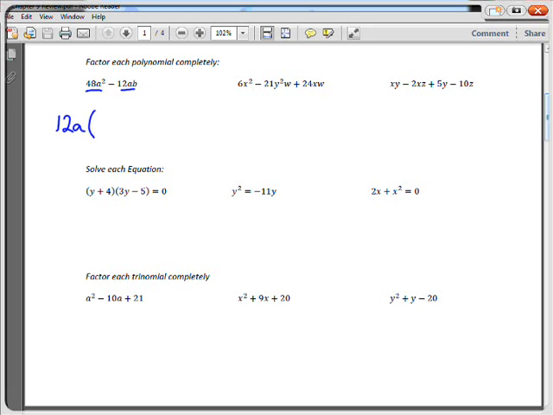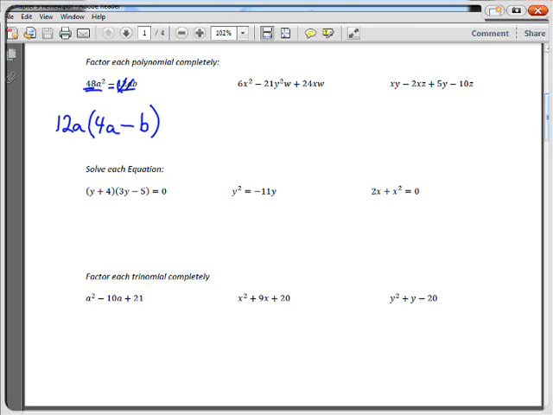And so if I factor out a 12a, 48 divided by 12 gives me 4. A squared divided by a gives me a, minus 12 divided by 12 is 1. A divided by a is 1. And so all I'm going to have left in this term is b. And so 12a times 4a minus b will be my answer.